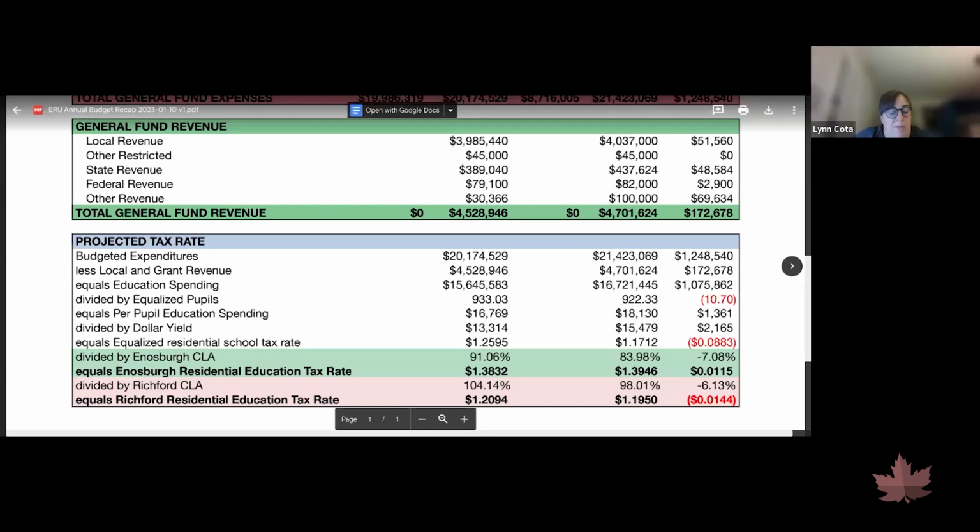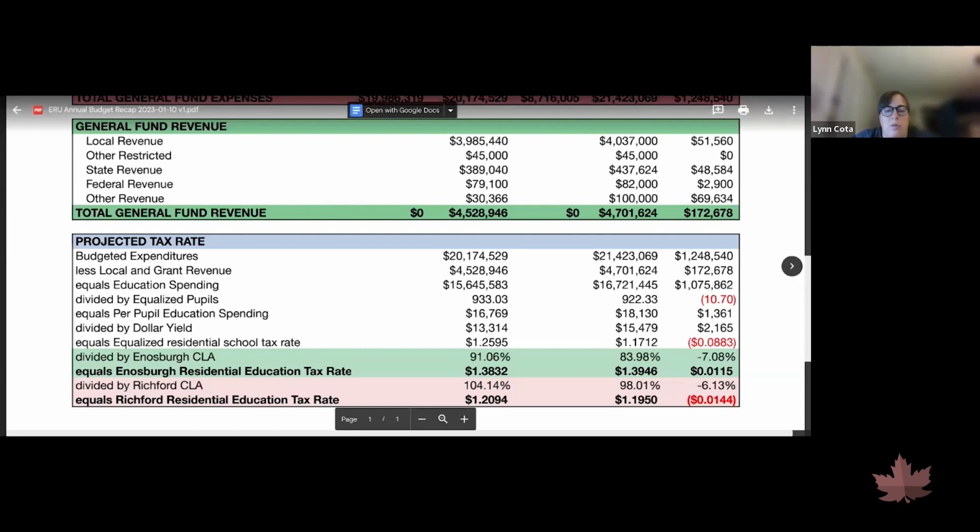Yeah, we haven't met in a month, but I think people were looking at some pretty significant increases, and there was definitely chatter about how much of a swing the CLA has had on tax rates across the board. So I think there's some communication we can do around this.